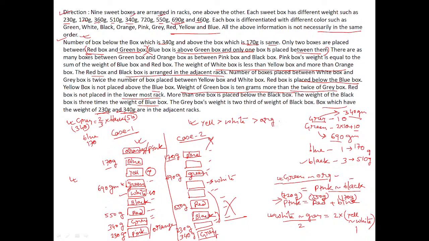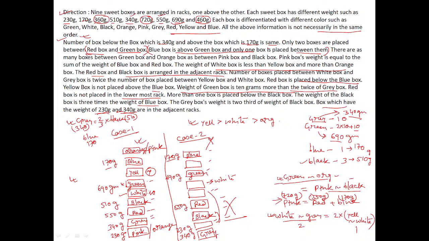And now whatever the leftover value is, only 230 is done, 170, 360 left, yeah, 360 left, 510 left, 510 left, and you can put it here, 510 black, and 340 done, 720 is left, 550 is okay, put it, 690, okay, done, 460. So 460 gram, 360 gram, and 720 gram, these 3 are left.